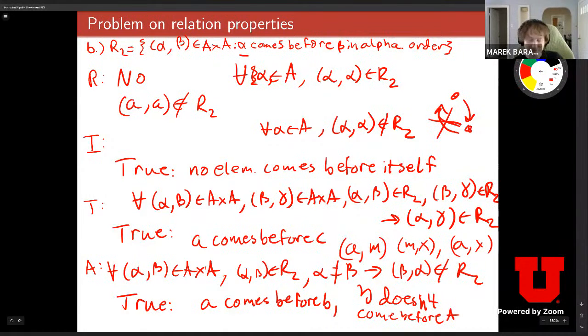This one's kind of weird because it's kind of hard to be formal about the order of elements in the alphabet. Okay, any questions on this?